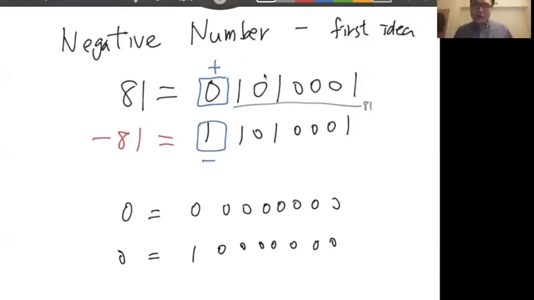For an 8-digit number, we can represent 256 different numbers, right? But in this case, we can only represent 255 numbers, because two binary numbers represent the same decimal number. So this is another problem. The first idea is okay, but not fantastic.